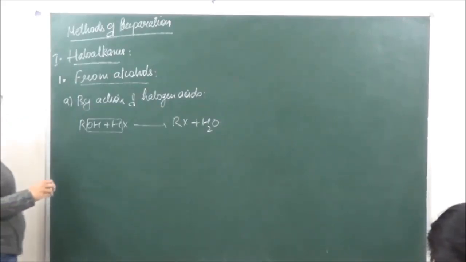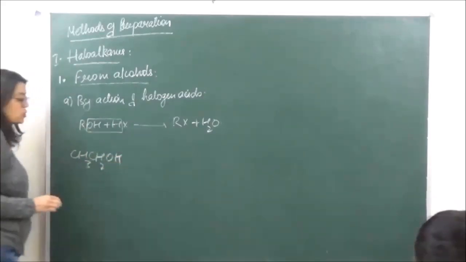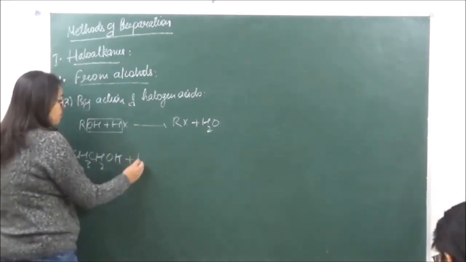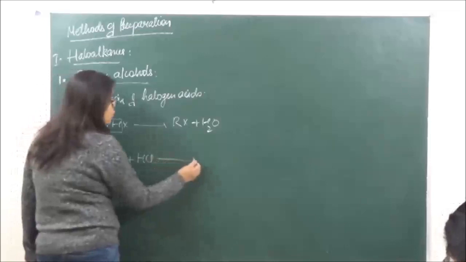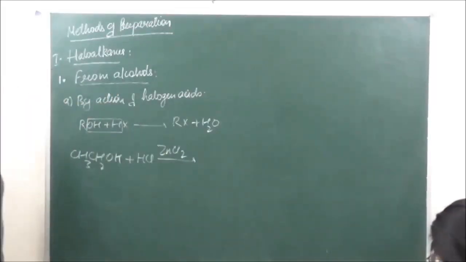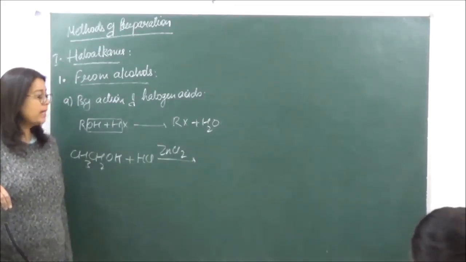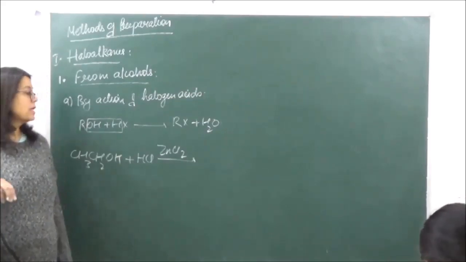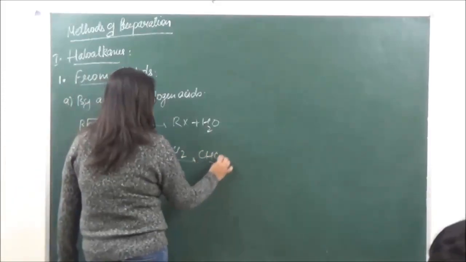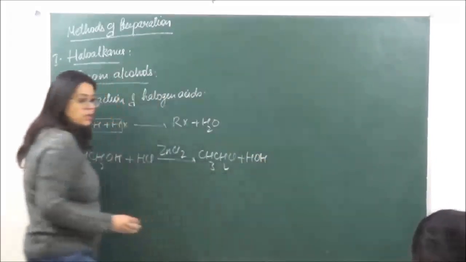We are going to take the primary alcohols first. When we are taking the primary alcohols of the kind CH3CH2OH and reacting them with HCl in presence of ZnCl2, this HCl in presence of ZnCl2 is known as the Lucas reagent. We are going to get CH3CH2Cl plus water.